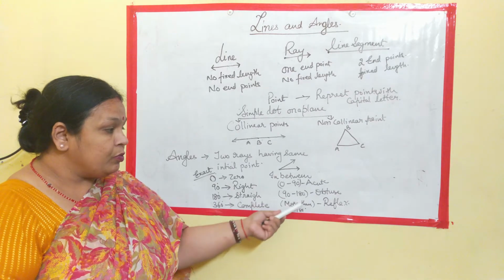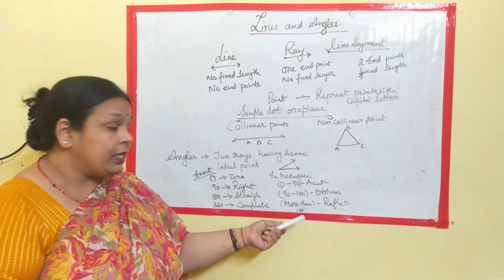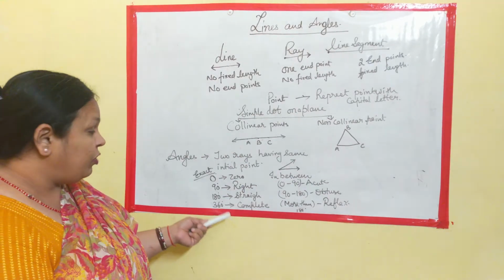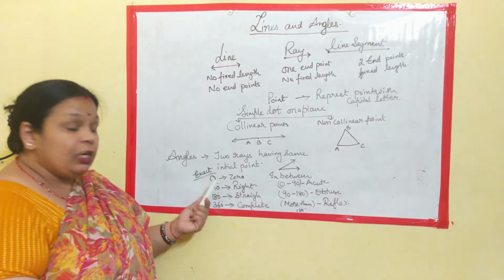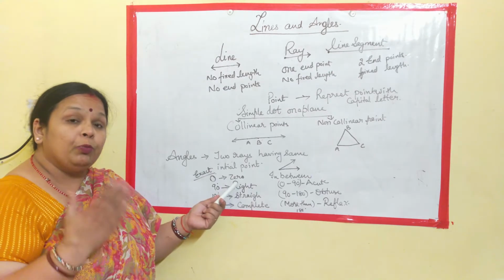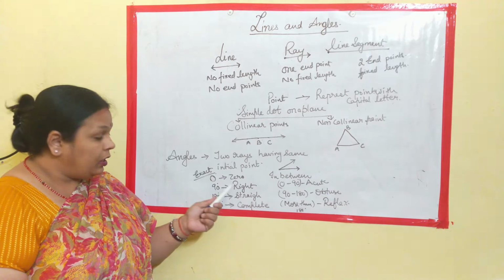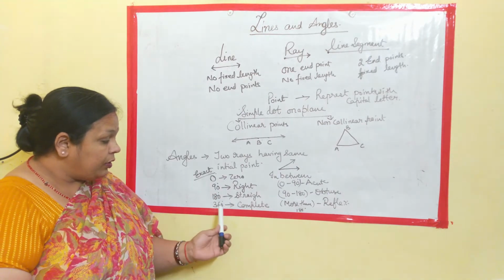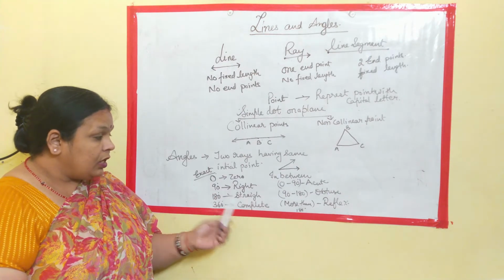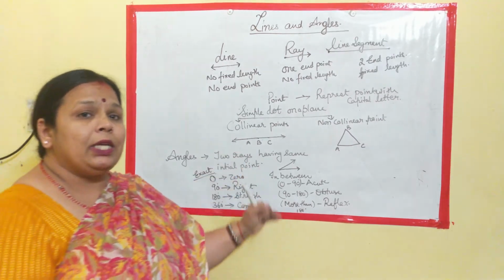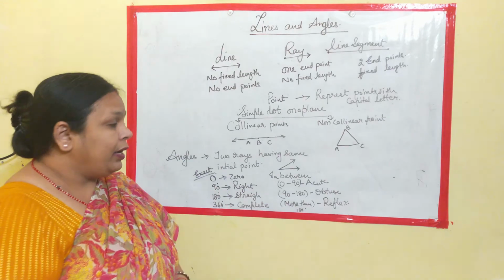An angle whose measure is more than 180 and less than 360 is a reflex angle. And for exact measurements, 0 degree means both the rays are coinciding, 90 degree is a right angle, 180 is straight and 360 is complete. So we will be using these names while solving our exercise.